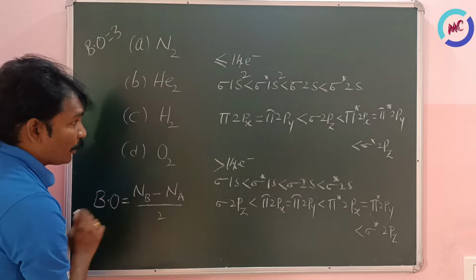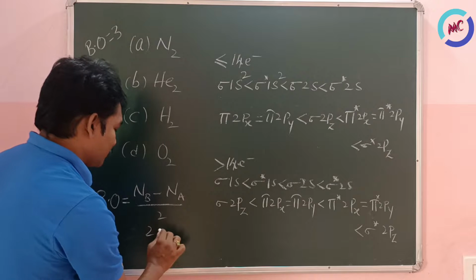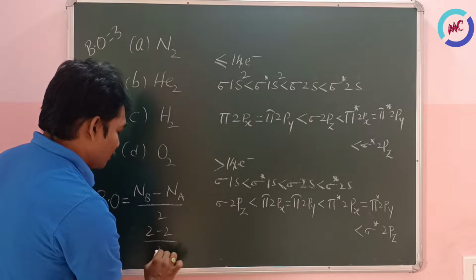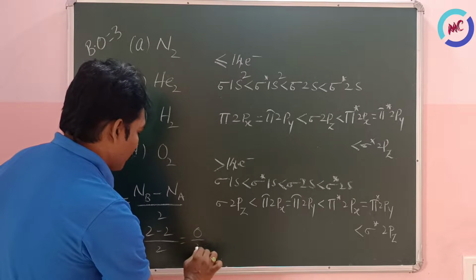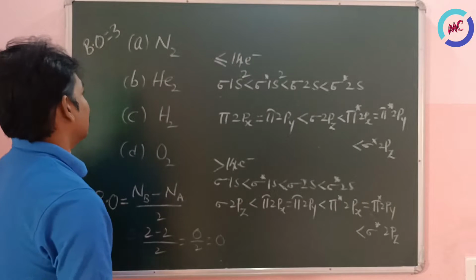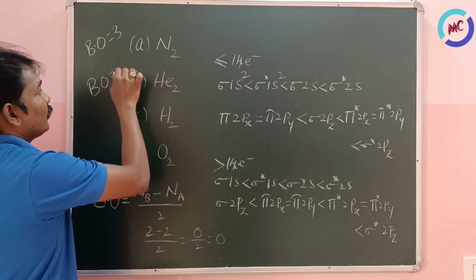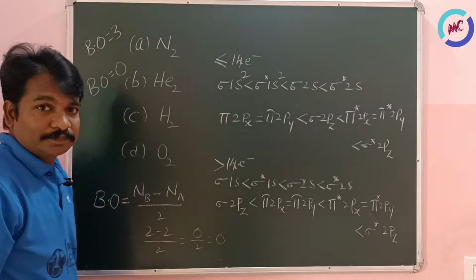Now, bonding electrons 2, anti-bonding electrons 2, 2 minus 2 by 2, that is equal to 0 by 2, that is 0. So the bond order in the case of He2 is 0.